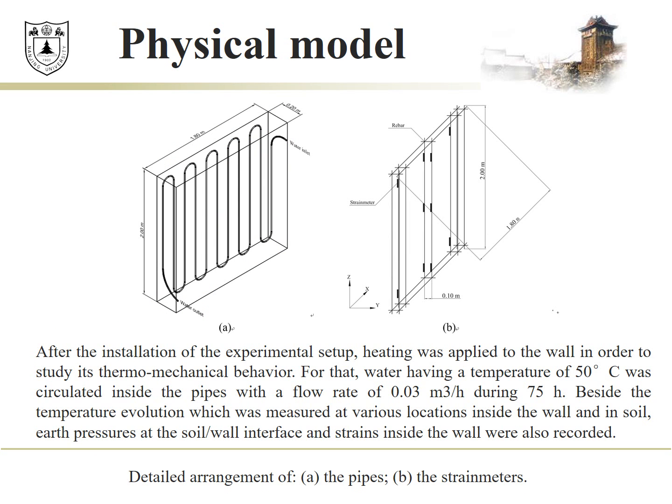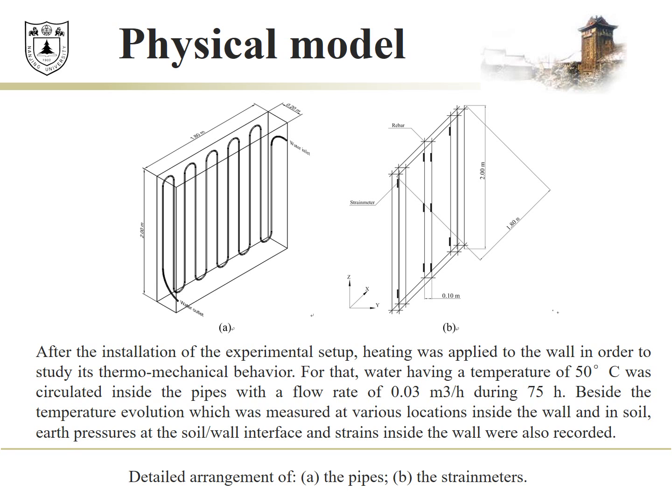This figure shows the details of the pipes and the sensors arrangement. Several sensors were tied to rebars to measure the strain at various locations inside the wall. After the installation of the experiment setup, heating was applied to the wall in order to study its thermo-mechanical behavior.